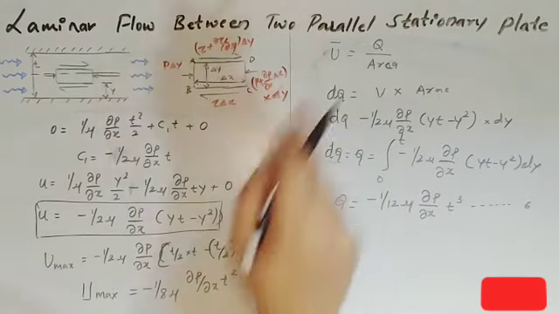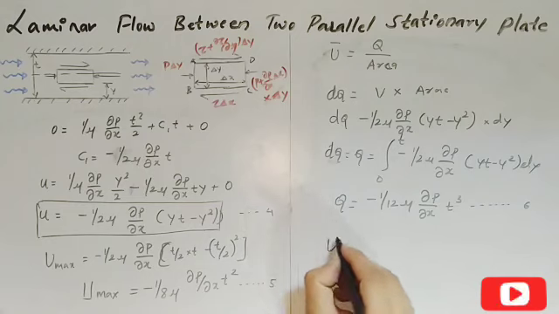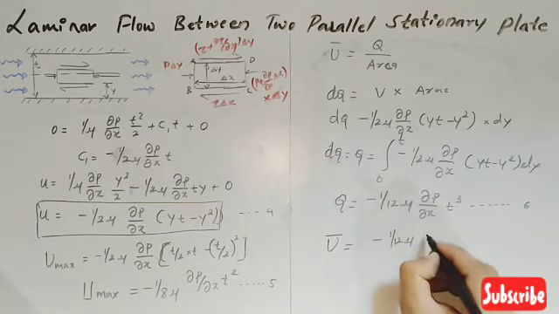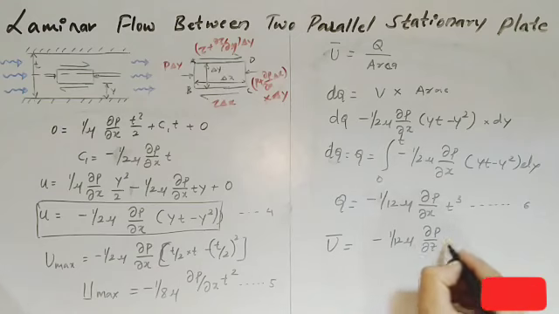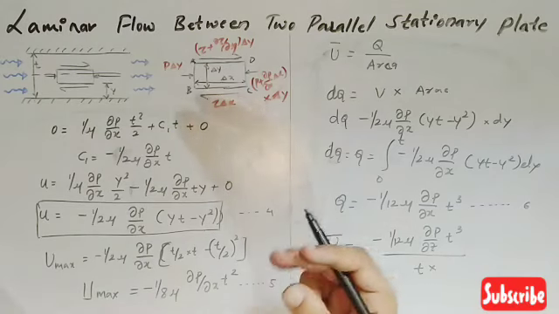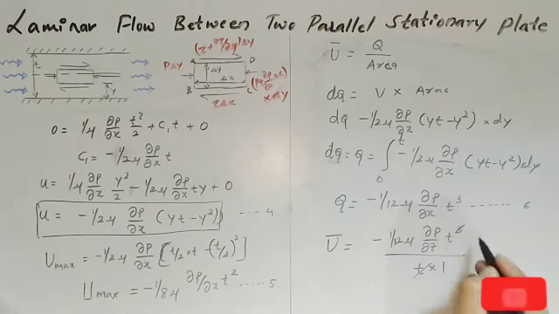Now, as we know that average velocity is nothing but discharge divided by area. Now u bar will be equals to minus 1 by 12 mu dou p by dou x into t cube divided by area, which is nothing but t into unit area, that is unit 1. So now it will be square.